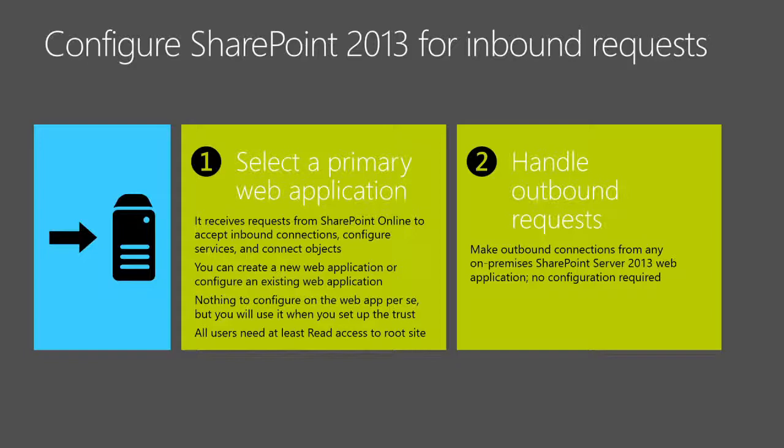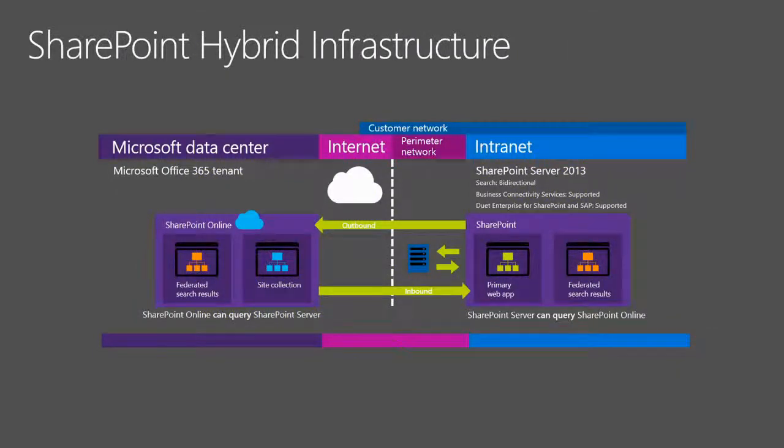Other than that, this is exactly how a setup or topology would look, which means on the screen, you see the Microsoft data center. Within it, you would have the SharePoint Online site collection, which would have either an app or an external list or some other way to render the data.